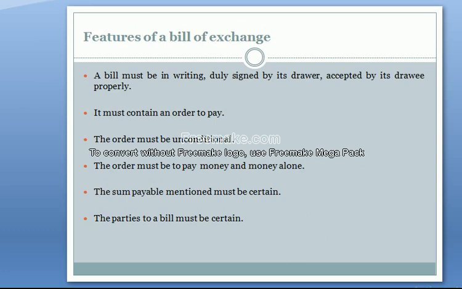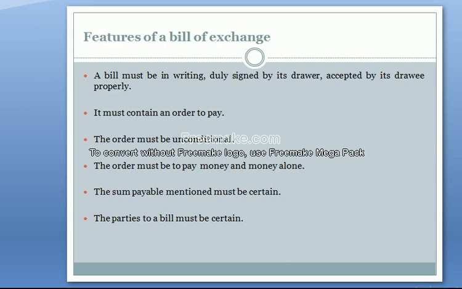Payments of the bill of exchange must be in the legal currency of the country. Like look at, if here in Afghanistan we issue the bill of exchange, it must be in Afghani currency, or if we are using the bill of exchange for international trade and the exporters want dollars, we will mention the dollar amount, and it must be properly stamped by the drawer as well as the drawee.